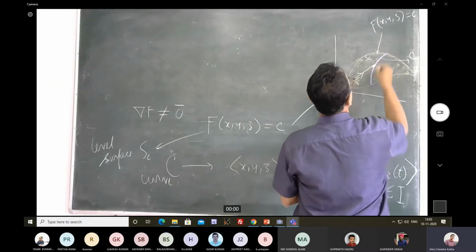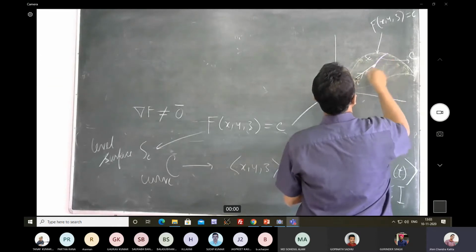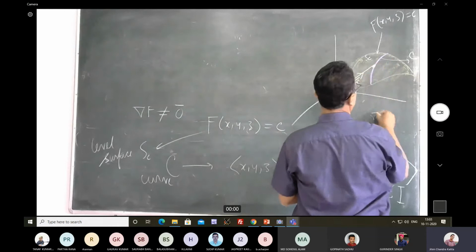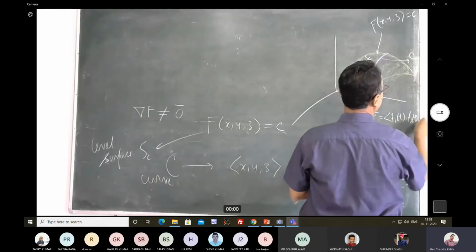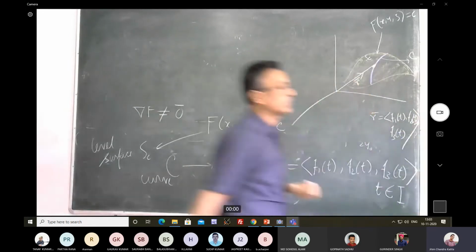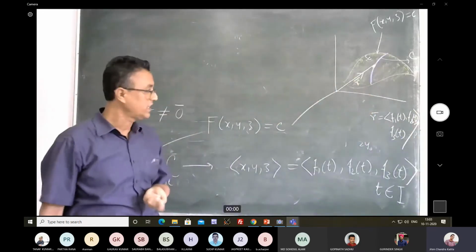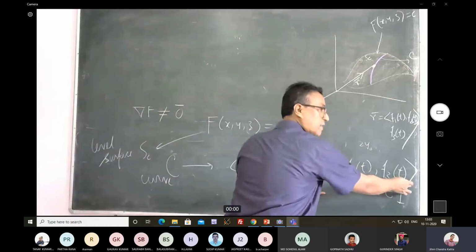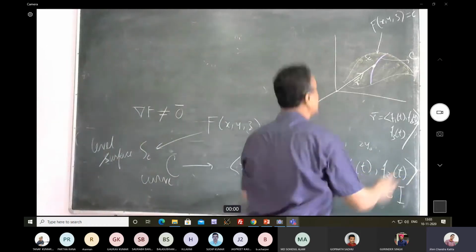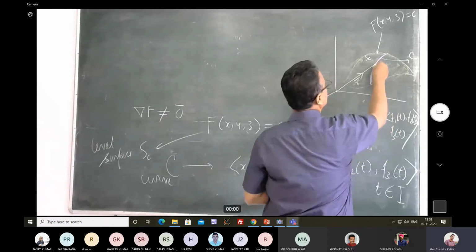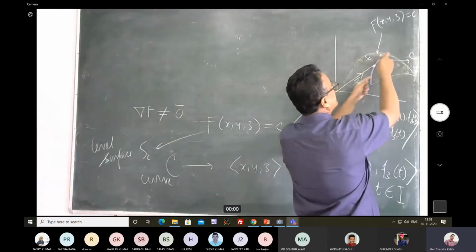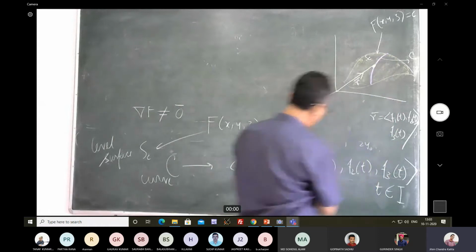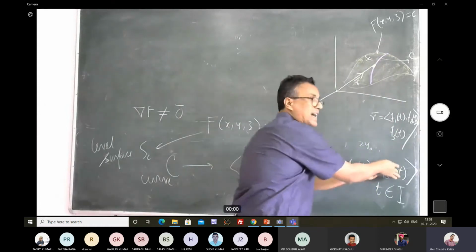So this vector R can be defined by f1(t), f2(t), f3(t). Okay? This is something like this. Is it okay? So this is what they are saying. So that means the x, y, z coordinate for a point lying on the curve is given by f1(t), f2(t), f3(t).